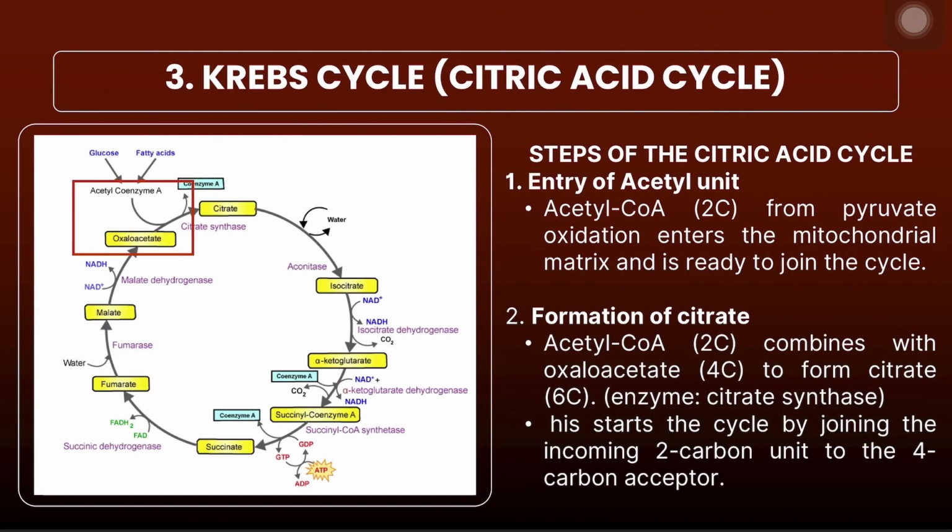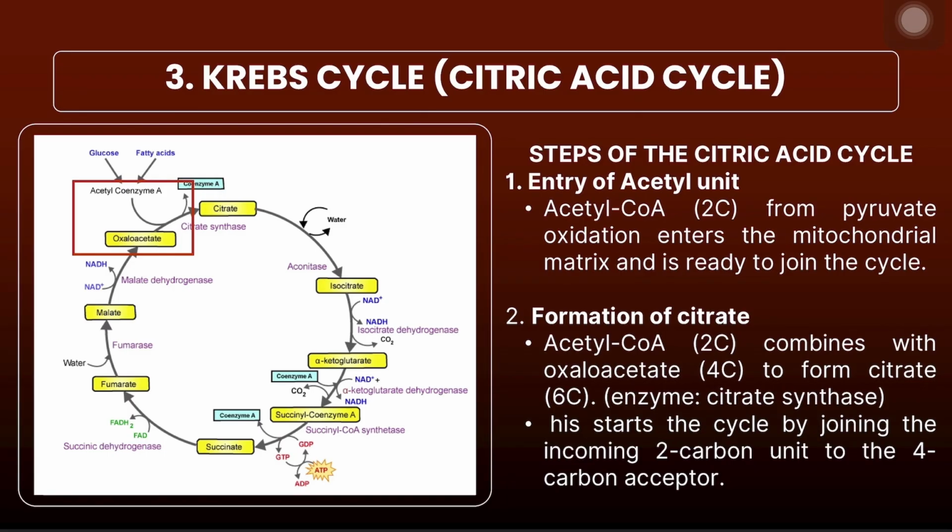So the next step is the formation of citrate. The enzyme citrate synthase will catalyze the reaction between the acetyl-CoA and the oxaloacetate. And when this reaction happens, it will form the citrate. Because of this reaction, it will also release the coenzyme A, which will be reused later on.